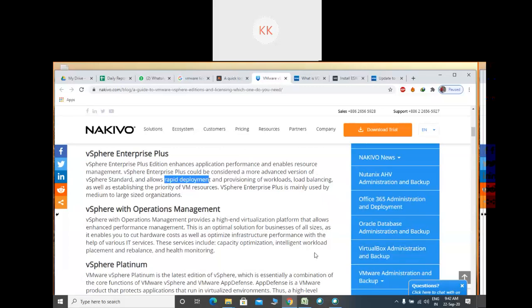Now after that, the next edition is vSphere with Operations Management. vSphere with Operations Management provides a high-end virtualization platform that allows enhanced performance management. This is an optimal solution for businesses of all sizes, as it enables you to cut hardware cost as well as optimize infrastructure performance with the help of various IT services.